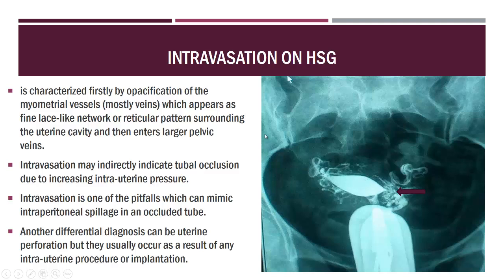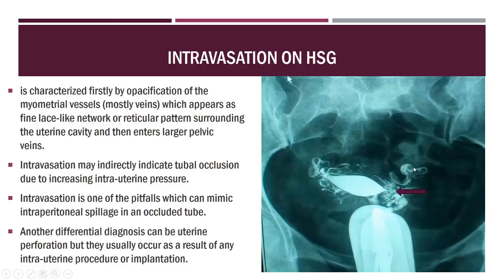Intravasation on hysterosalpingogram is characterized firstly by opacification of the myometrial vessels, usually veins, which appear as a fine lace-like network or reticular pattern surrounding the uterine cavity, and then enters larger pelvic veins. Intravasation may indirectly indicate tubal occlusion due to the increased intrauterine pressure.